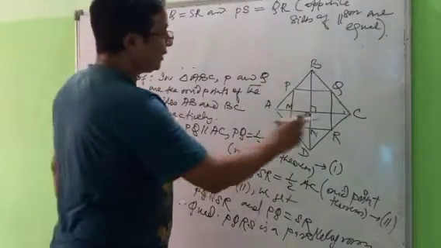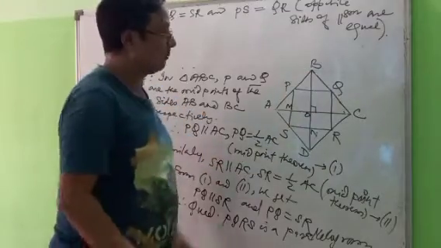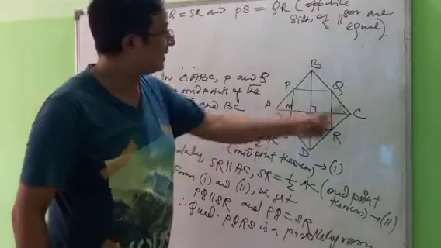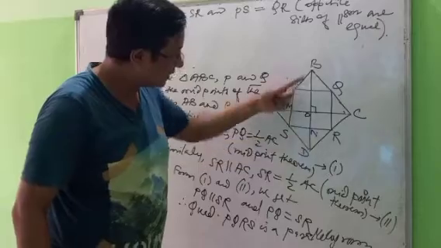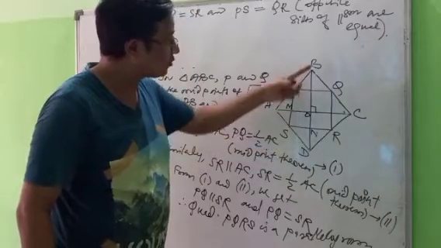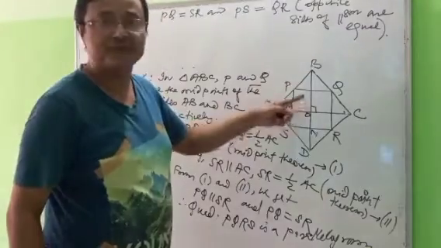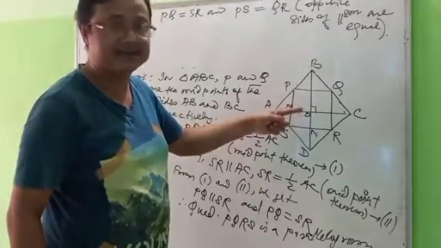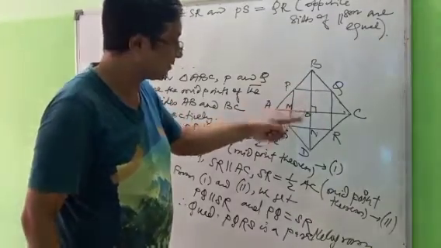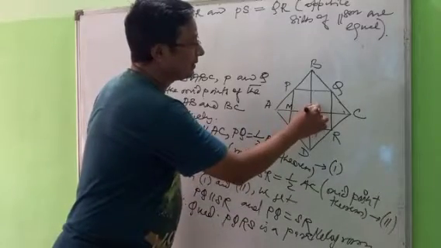You will know that the diagonals of a rhombus. The diagonals are AC and BD. These two diagonals are the diagonals of the rhombus ABCD. So you know that the diagonals of a rhombus bisect each other at right angles. So at this point you will get 90 degrees.